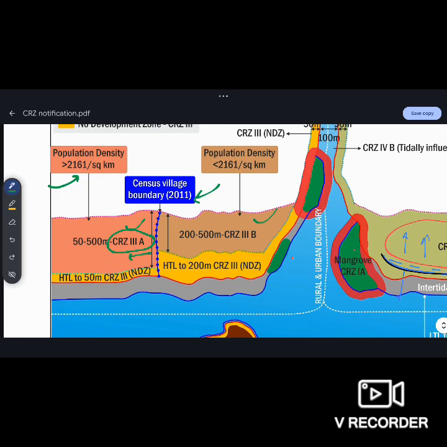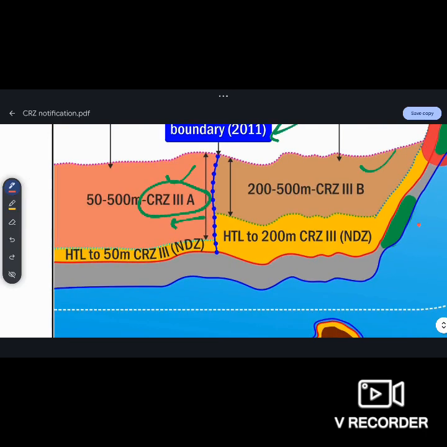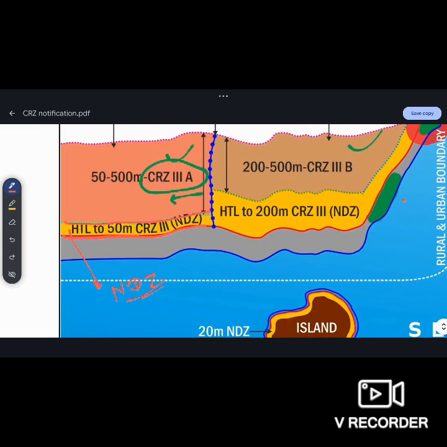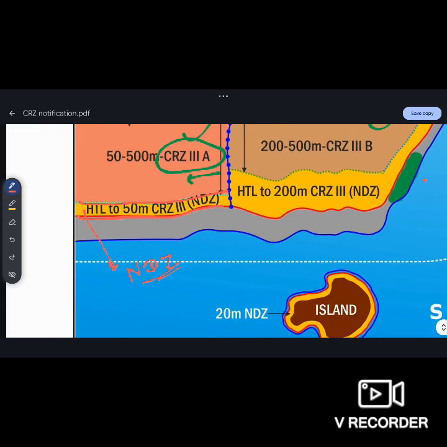So say from this high tide line, this red line is representing your high tide line. From this high tide line, 50 meters towards the landward area is the no development zone. So this green strip is your no development zone, and in this no development zone, no heavy project is allowed here.